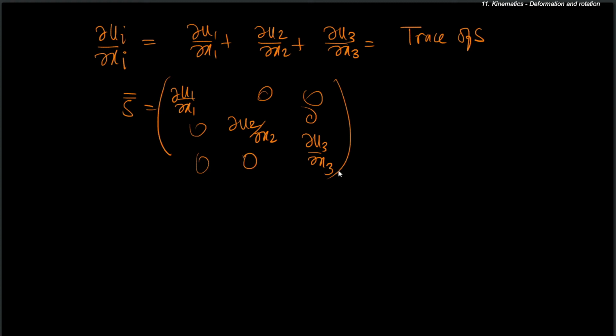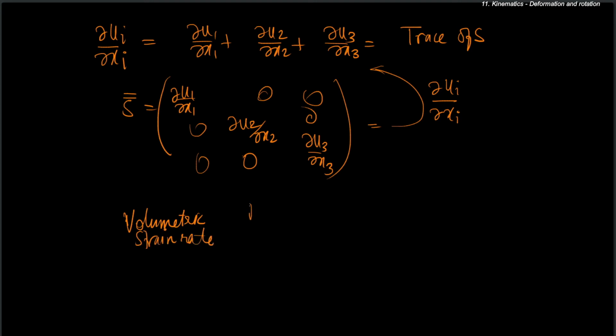So the trace of this tensor is this sum, and if we write it in index notation, it will be ∂ui/∂xi. Therefore, the volumetric strain rate, also called the bulk strain rate, is equal to the divergence of the velocity vector.